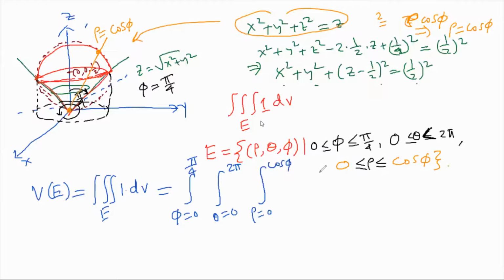And 1 is 1. You don't have to change it in terms of rho, theta, phi. And now this is the important part. dV becomes what? dV becomes rho squared sine phi d rho d theta d phi. So that's what dV becomes. Okay. Any question for this step?